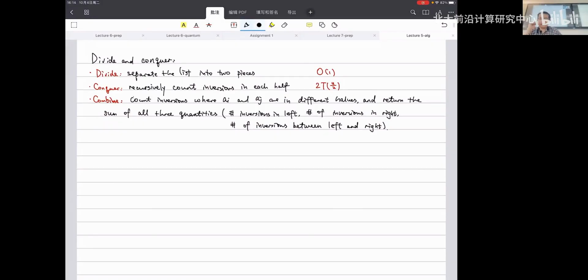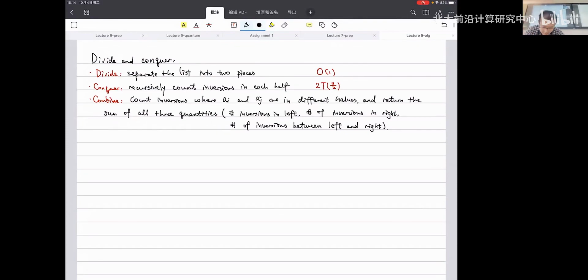As I just mentioned for the example of merge sort, the intricate and a little bit sophisticated part is that we need to be careful with the combine part. We already have counted the inversions in the left part and the right part.